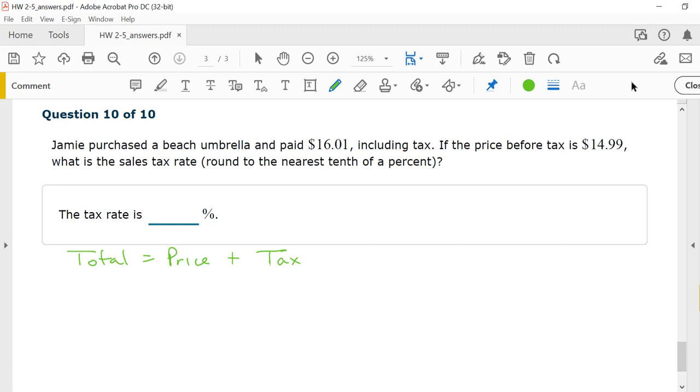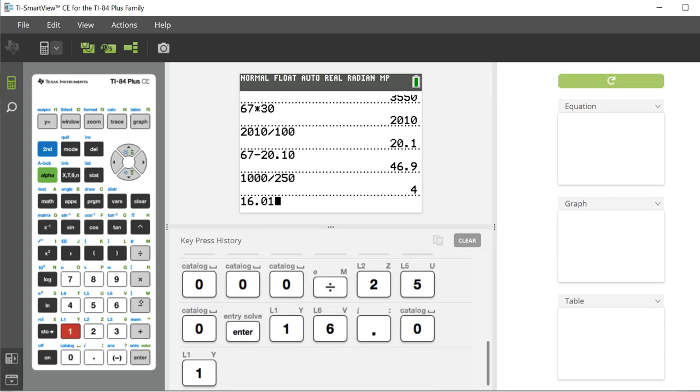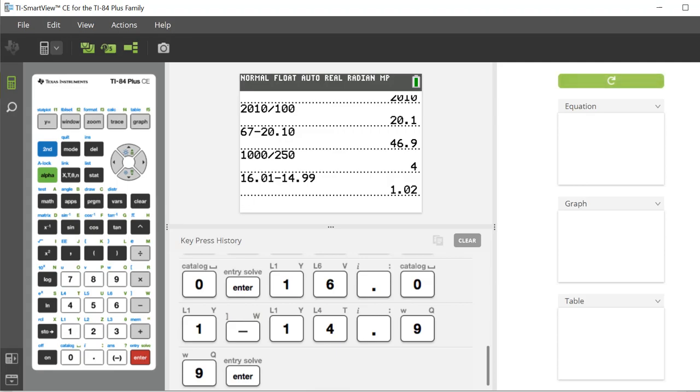So the price paid total was $16.01. The price of the umbrella was $14.99. So the tax that she paid was $16.01 minus $14.99, which is $1.02.